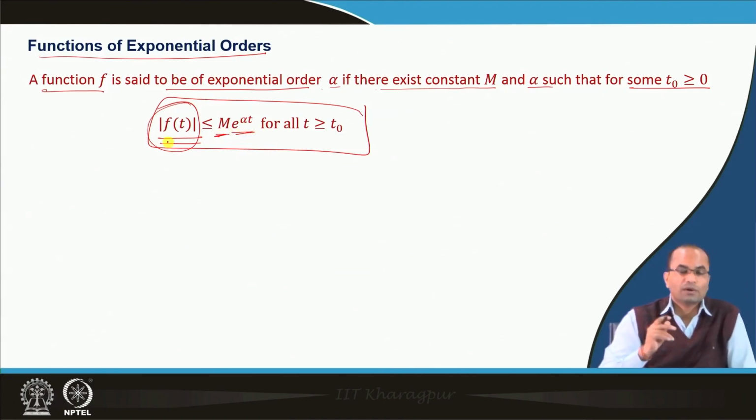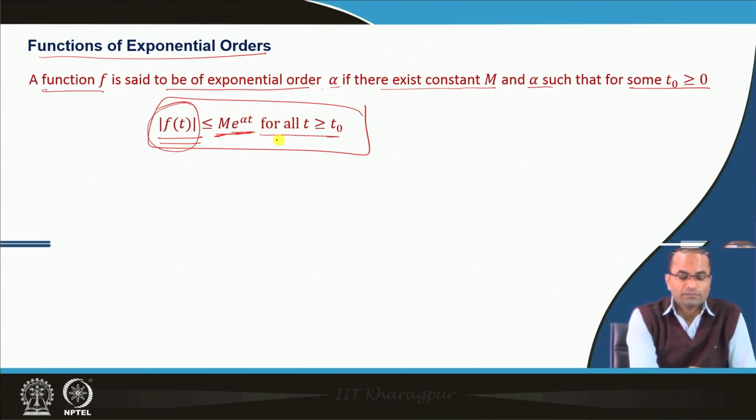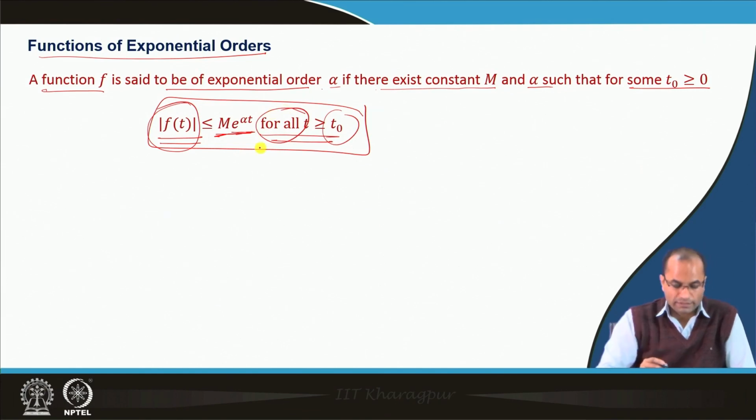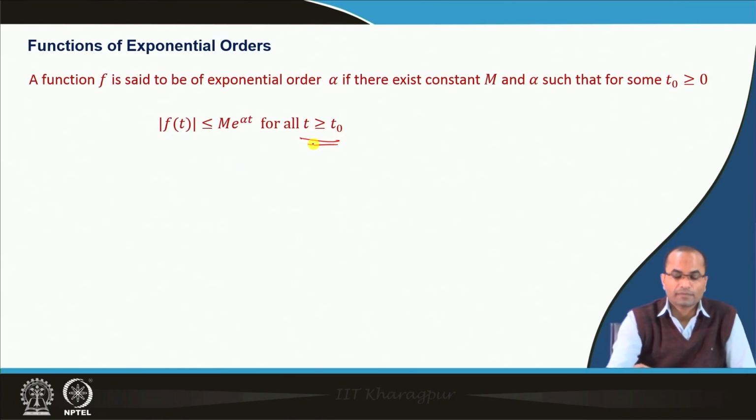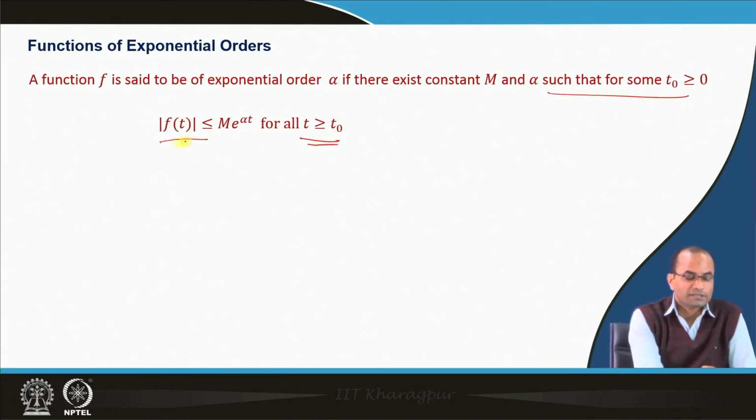So, the function is bounded by an exponential function. If this happens for all t greater than some t naught, then we call this function of exponential order.